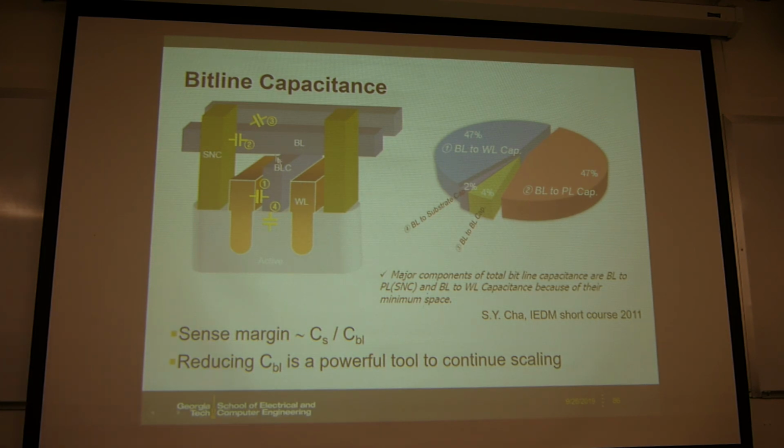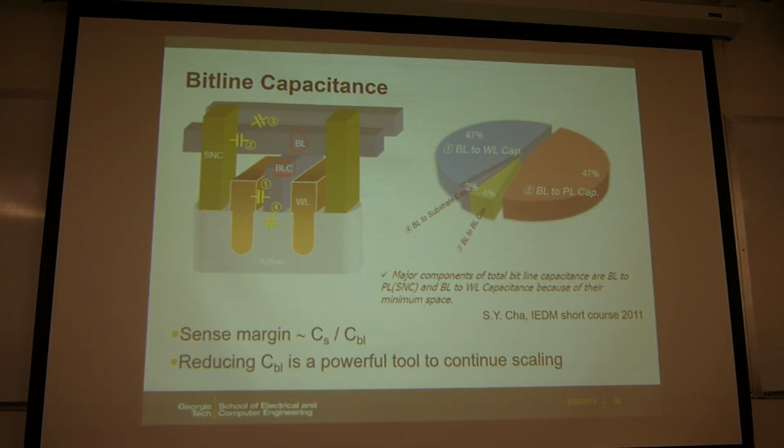If you look at the components of the Bitline capacitance, you can have different contributions. Because here the Bitline capacitance has many contributions. This is the transistor, the Bitline contact. This Bitline will have capacitance everywhere.